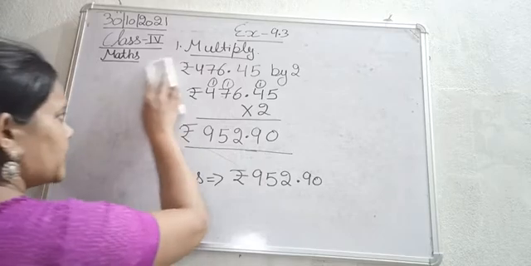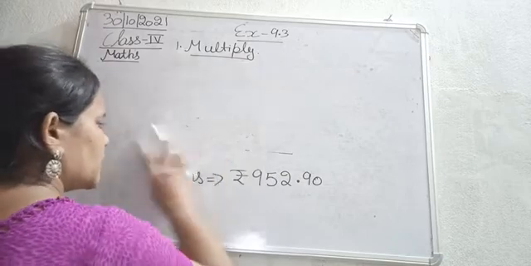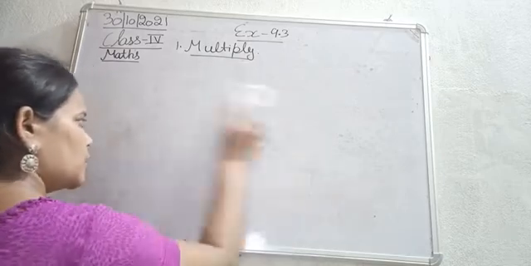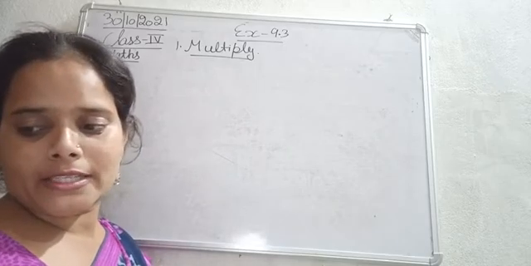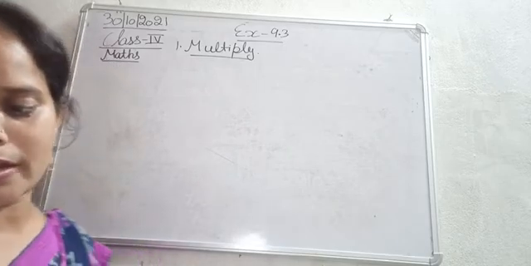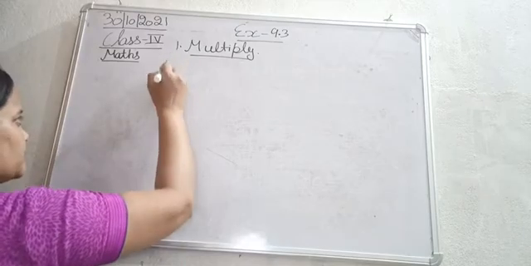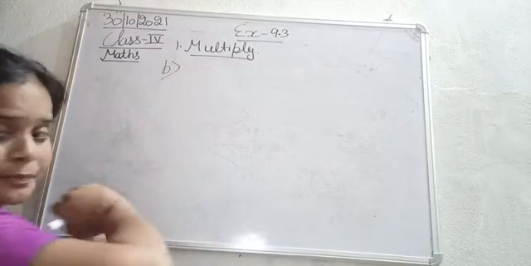Chalo. Moving next to the B part. In the B part we need to multiply 189 rupees 30 paisa by 5.